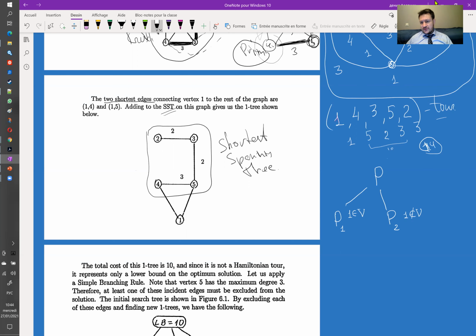If we have 5 cities here, then we have only 4 cities.